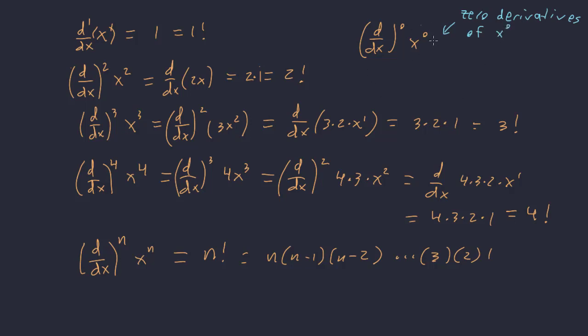Well, x to the 0 is 1. And taking 0 derivatives is basically just not doing anything, right? So this thing will just disappear, and then this thing will become 1. So that means 0 factorial must be 1.